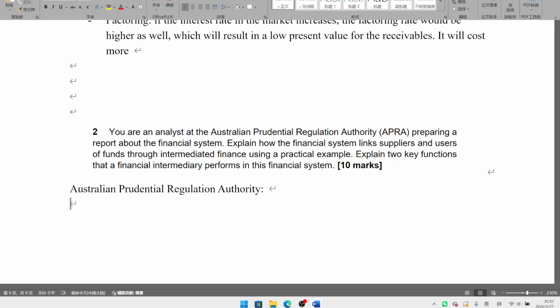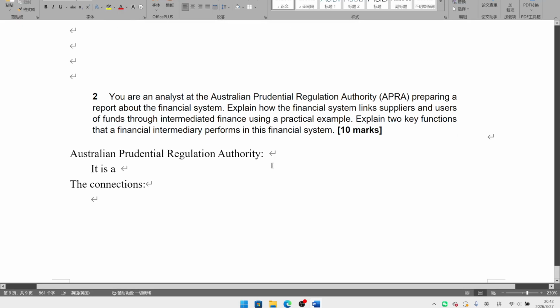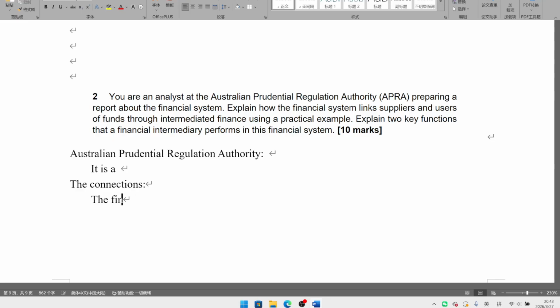Explain two key functions that a financial intermediary performs in a financial system.